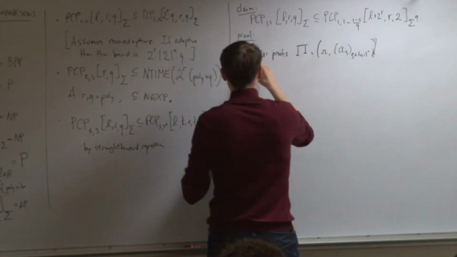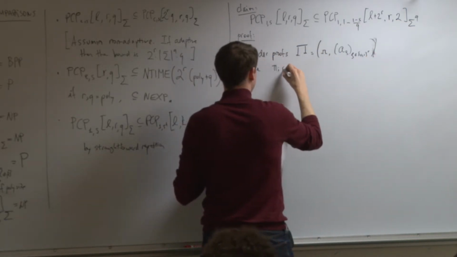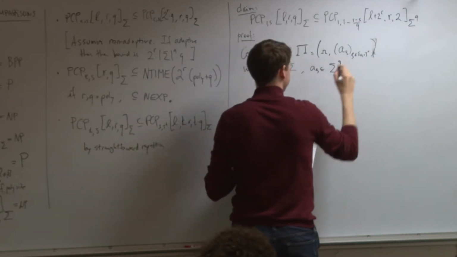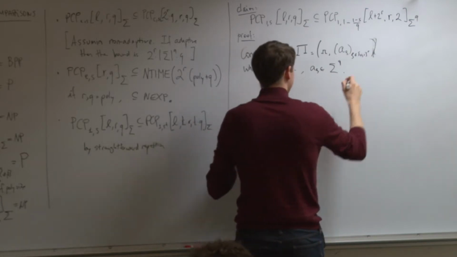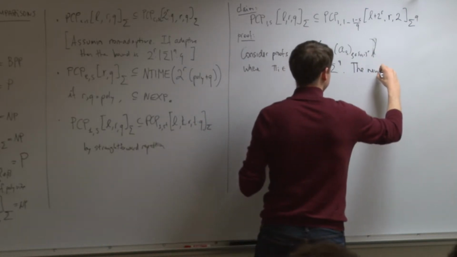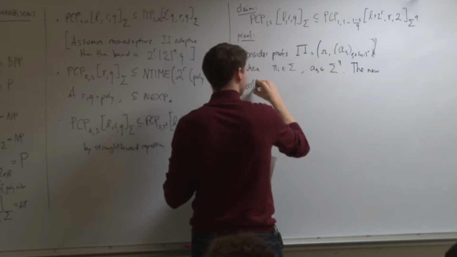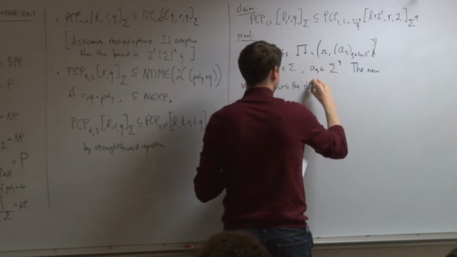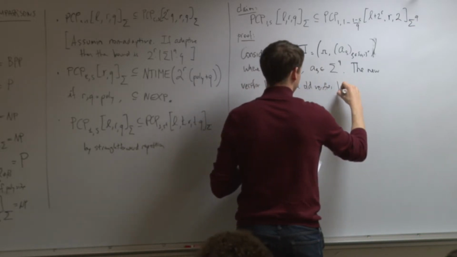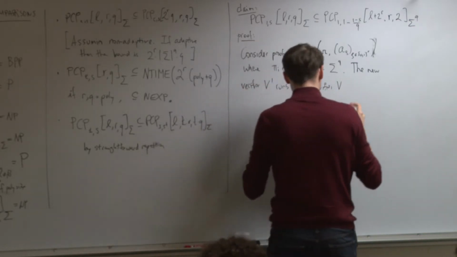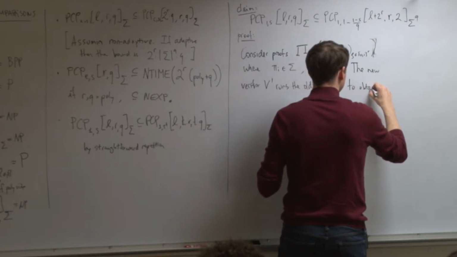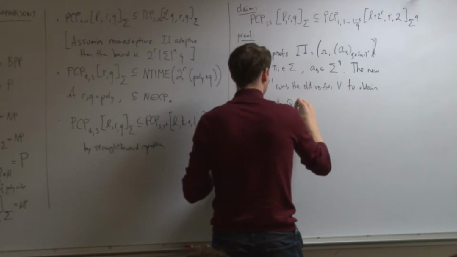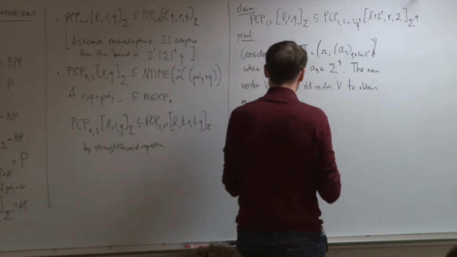So maybe just say where pi is in sigma and this thing is in sigma to the q. The new verifier, v prime, runs the old verifier, v, to obtain a query set q rho.